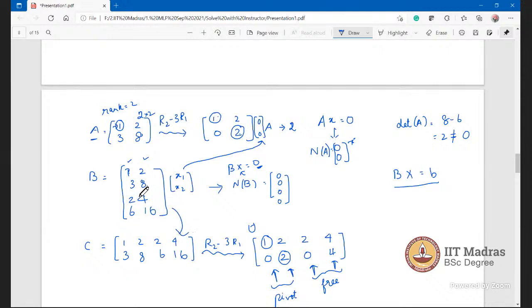If you look here, this C is a transpose of B. So this matrix size is 4 cross 2, but here it is 2 cross 4. So at this point, what happened? The same 2 pivots you obtain. So this is an example for that question. So even if you take the transpose of the matrix, the number of pivots is equal to 2, which is the same. So I hope you understood the point.